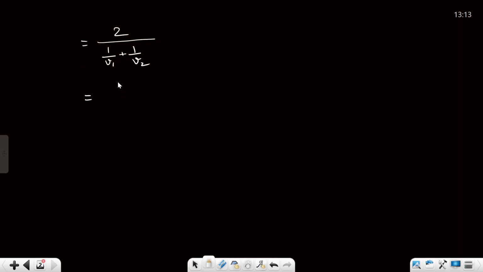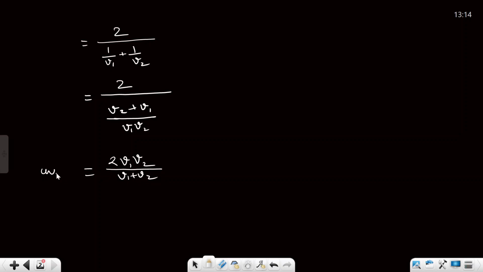Now in the next step, 2 over the LCM of v1 and v2, and here we will get v2 plus v1. Now this is in the reciprocal, so it will be 2 v1 v2 over v1 plus v2. So this is the formula of average speed in that particular case.